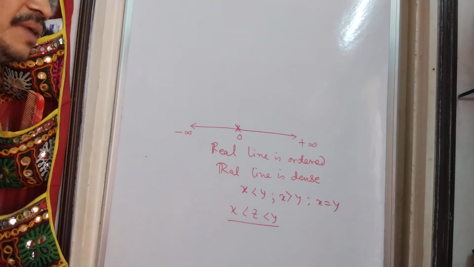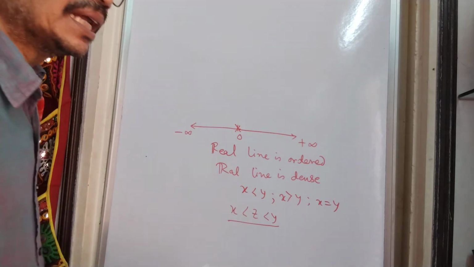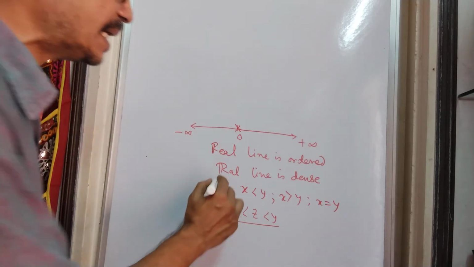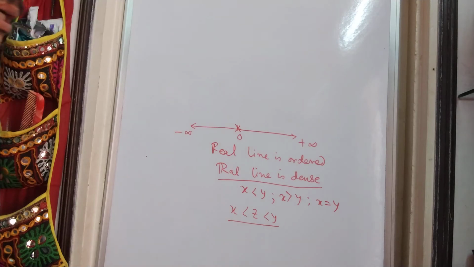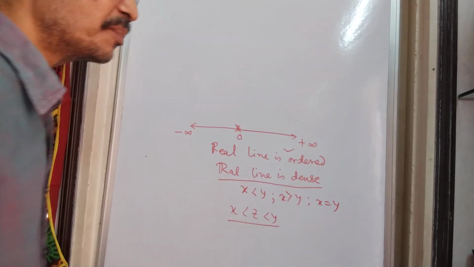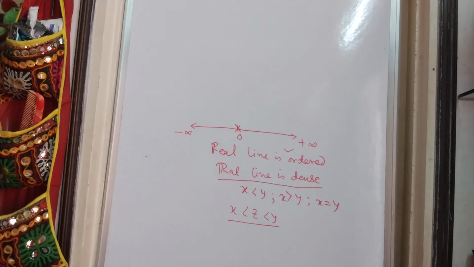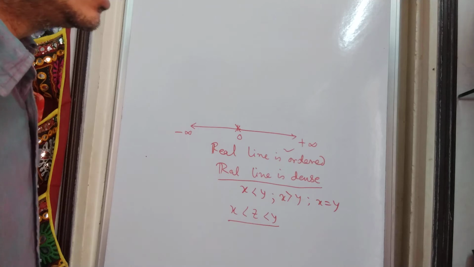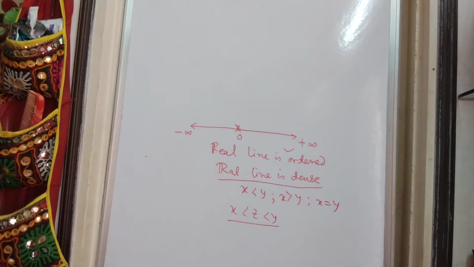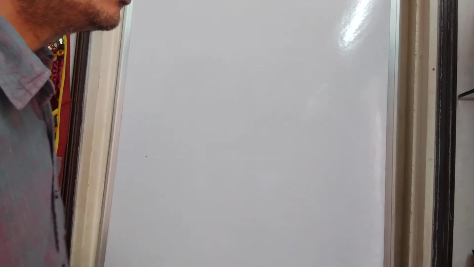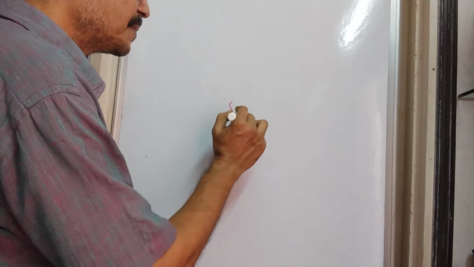Whatever be the values of x and y, we can squeeze another real number in between them, rational or irrational, and that is the denseness property. And we have the ordered property which is given by Peano's axiom, which states that whenever we have real numbers x and y, we must have x less than n times y, where n is a natural number. And all these properties may be unraveled with the help of sequence of real numbers.